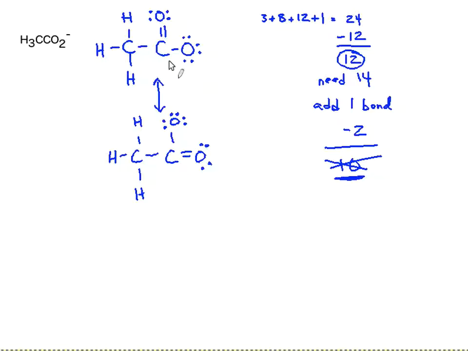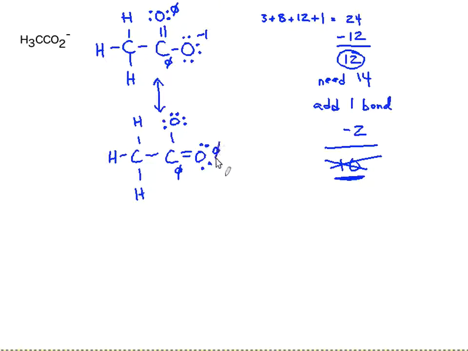In each of these carbons, my formal charges are 0. The difference is going to be with these oxygens. This oxygen has a formal charge of -1, and since I know that my ion has a -1 charge, I know that this final oxygen is going to have a formal charge of 0.